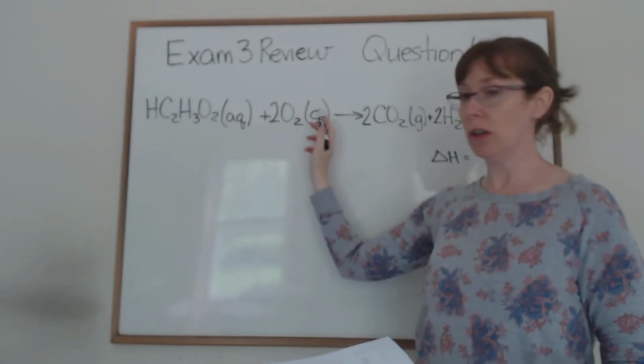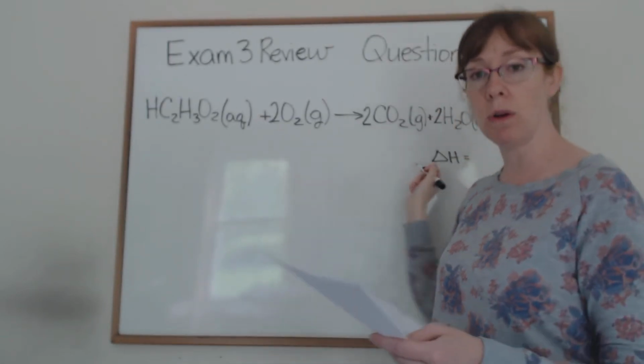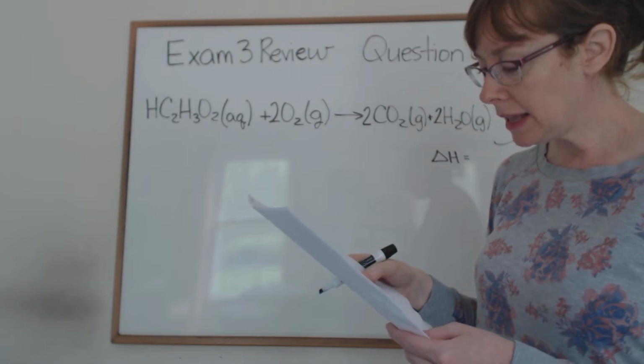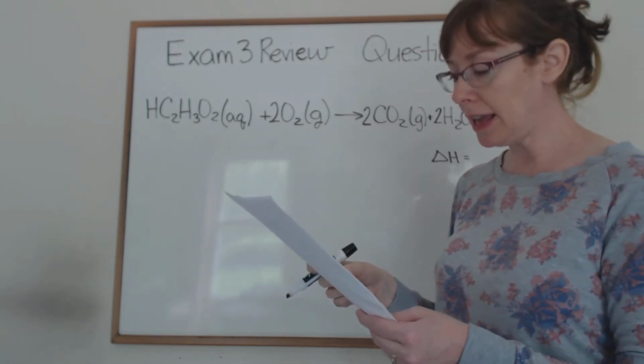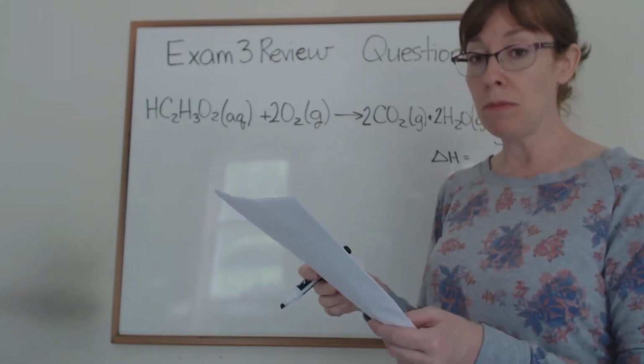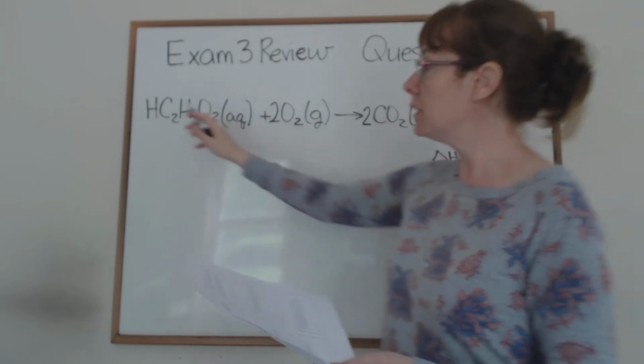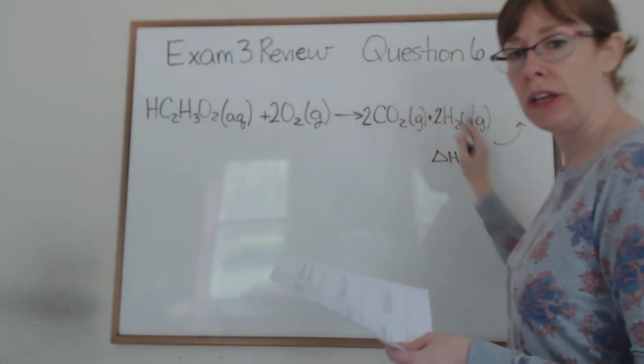Thermochemical equation just means make sure you have your phase labels written in, and then just record the amount of heat. Now, it says that the combustion releases 871.7 kilojoules per mole of acid. So for every 1 mole of acid, you get a delta H of negative 871.7 kilojoules.